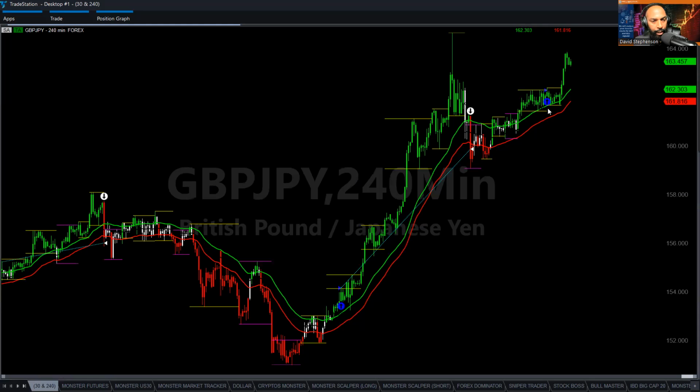Buy signal here, close, another buy signal right here. Here's the buy signal right here. Buyers are in control. We should only be taking long positions to go up. No shorts at all. We want to go with the trend.